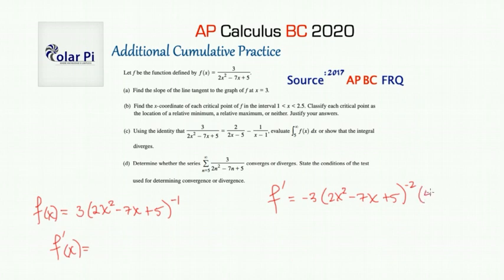And so that is 4x minus 7, right? So f prime is going to be minus 3 times 4x minus 7, and then all of this divided by 2x squared minus 7x plus 5 to the second power.